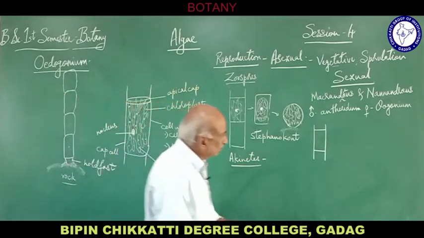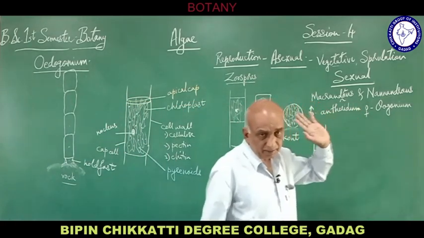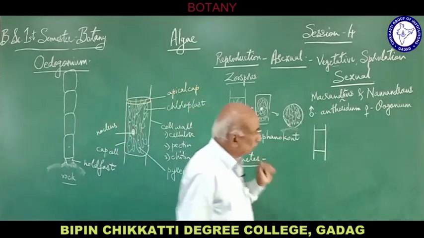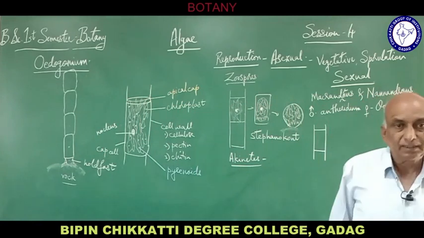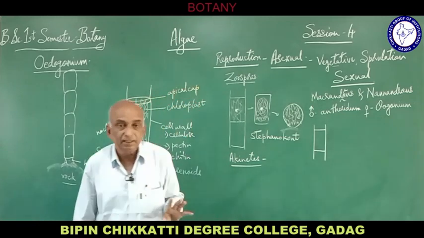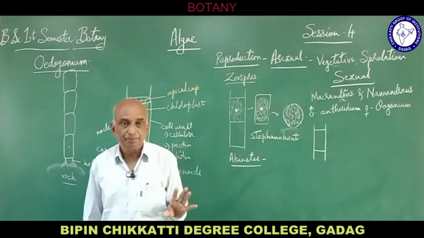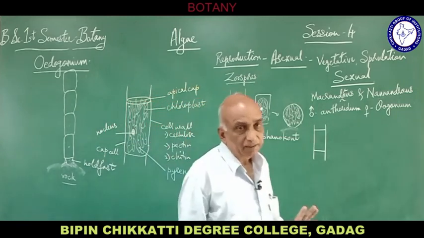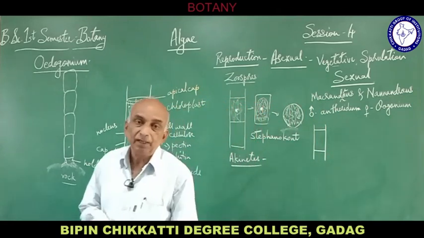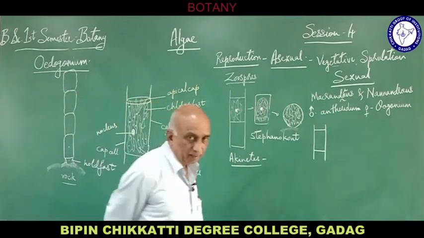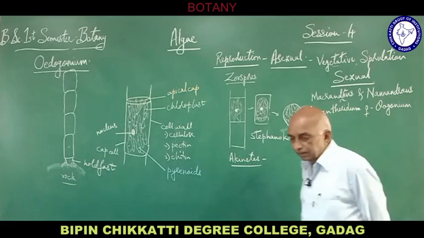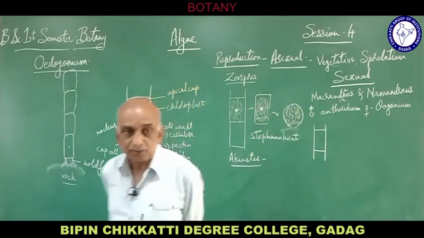In the same way here, in the sexual reproduction, the cap cells, they involve in the production of Anthridium and the Oogonia. So in Macrandrus, the Anthridia are produced in normal filaments. In Nanandrus, the Anthridia are produced in specialized dwarf filaments. That is why Nanandrus. Now here again, the Anthridium and Oogonia, they may be produced on the same filament. That is monoecious, they are called as. So on a single filament, some cells they produce Anthridia and some cells they produce Oogonia.